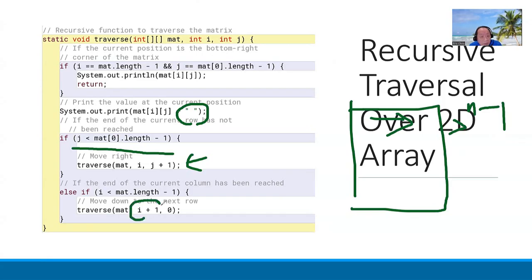Then you use a bigger I and restart from 0. Is that okay? Then you will start from here.